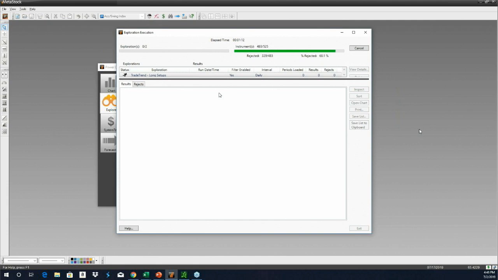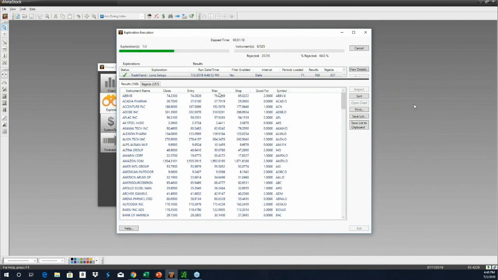So it's running through quite a few here, 525 potential opportunities. And there we go. I think, let's see here. Okay, so it just ran the short setups. Now it's doing the long setups.